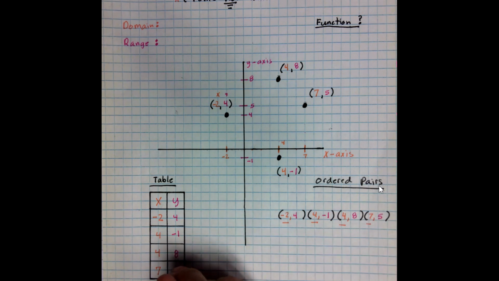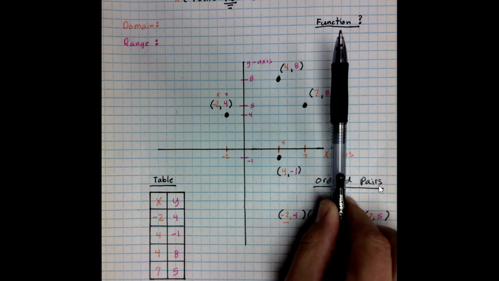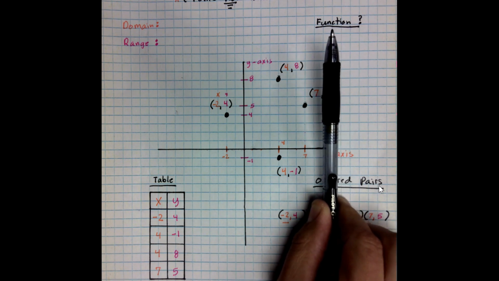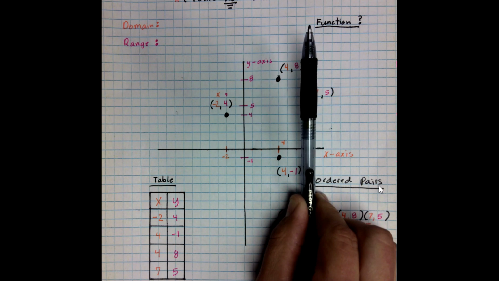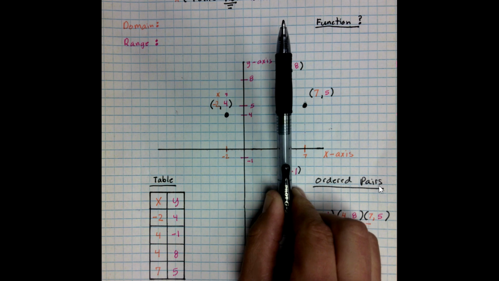Now we have the question here: is this a function? First I'm going to focus on the graph. I am going to do a vertical line test, and remember the vertical line test is if I create a vertical line anywhere on this graph, and it crosses more than one point on the same x value, it's not a function. For instance, if I cross here, that's looking good, but when I cross here, notice it's going to contact 2 points at the same time.